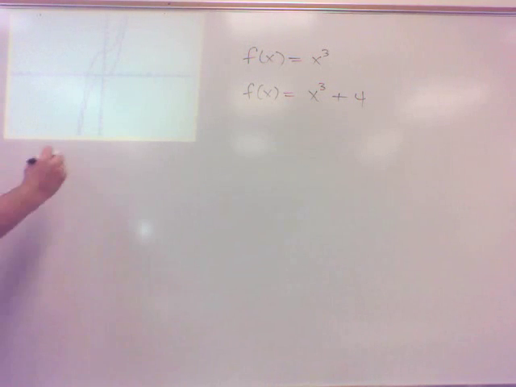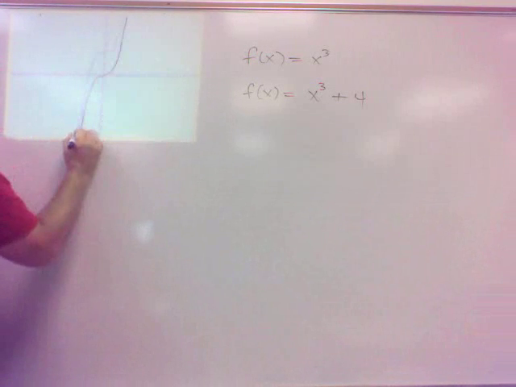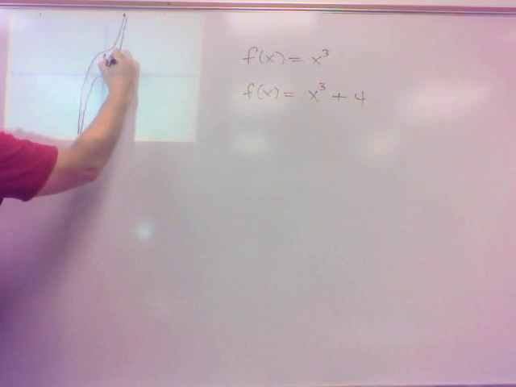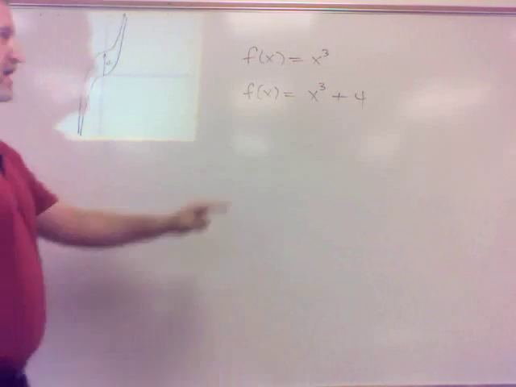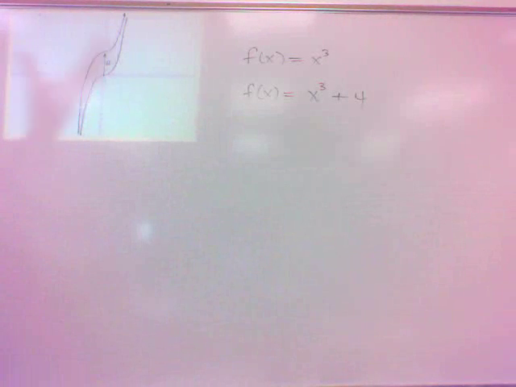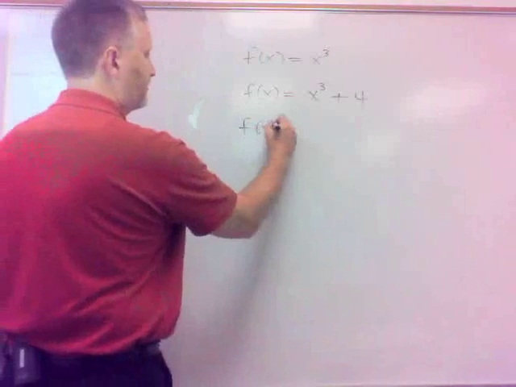That's right. It takes the x cubed graph, which is here, and now the x cubed plus 4 graph is here. So everything is moved up 4. So like I was saying, it works the very same way. The movement, if it's on the outside, is up or down. On the inside, right and left.